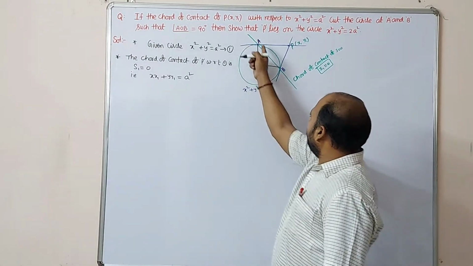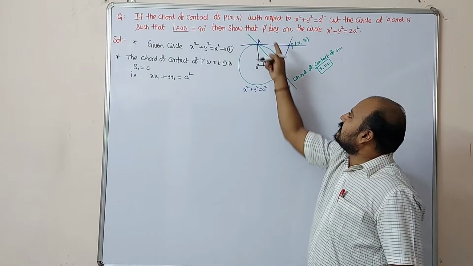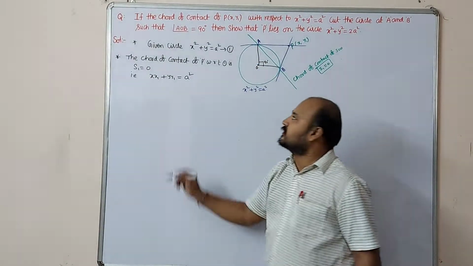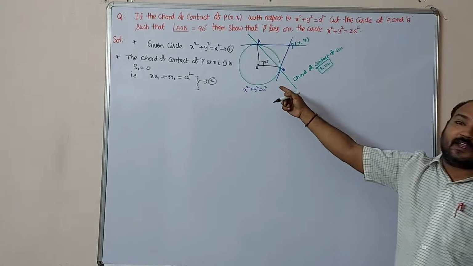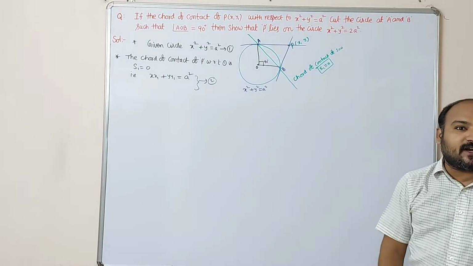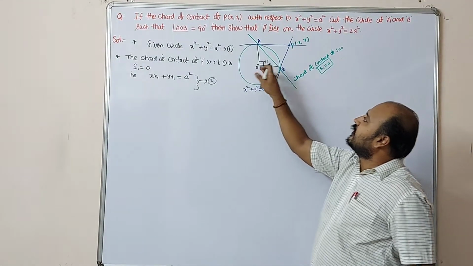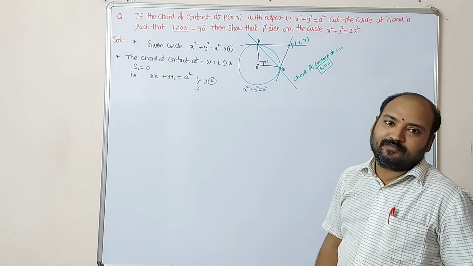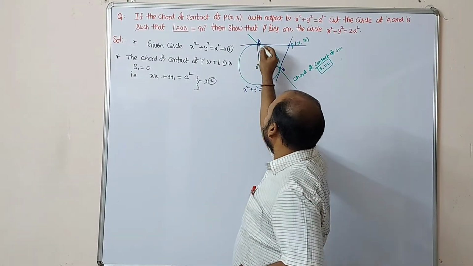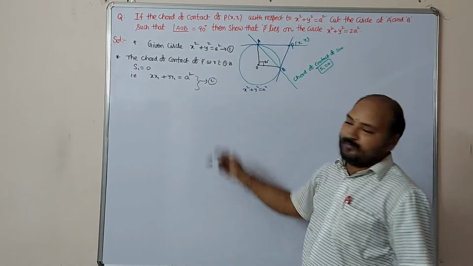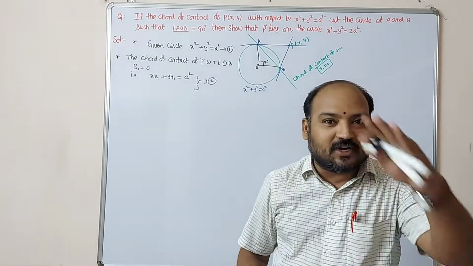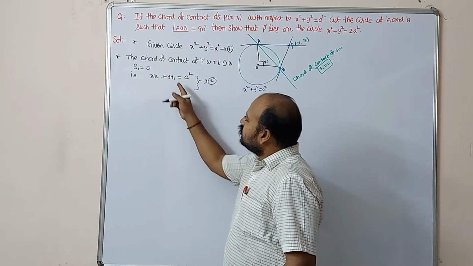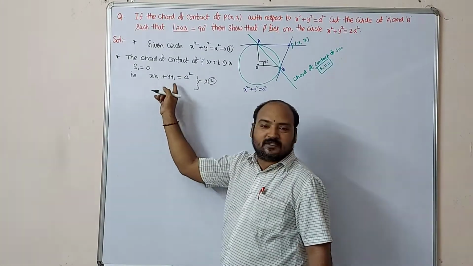This chord of contact, equation 2, cuts the circle in two different points, making an angle 90 degrees. Angle AOB they mentioned as 90 degrees, where O is the center of the circle. Whenever a line cuts the curve, you can apply homogenizing. The second equation is in the form of Lx plus My plus n.